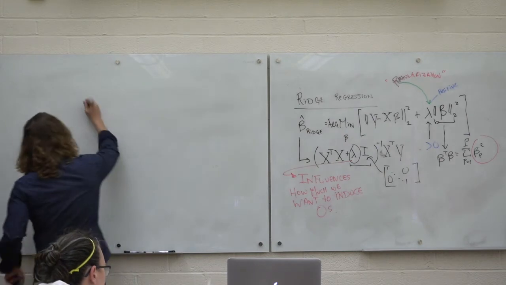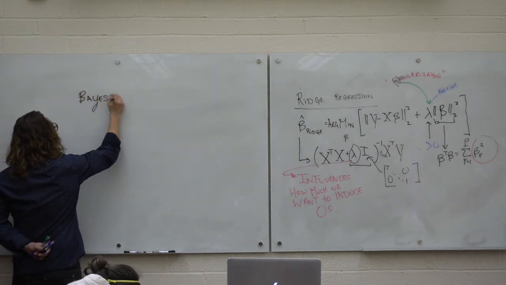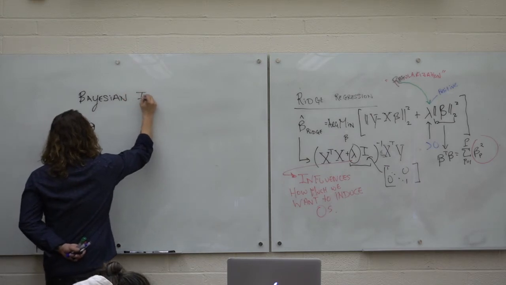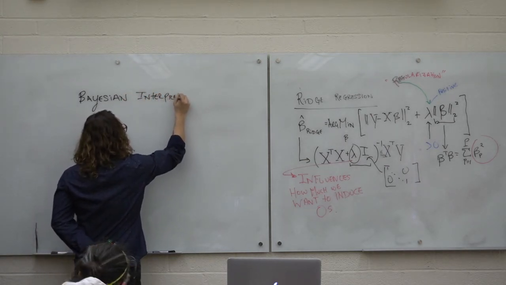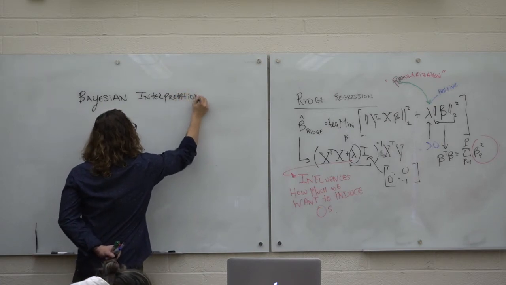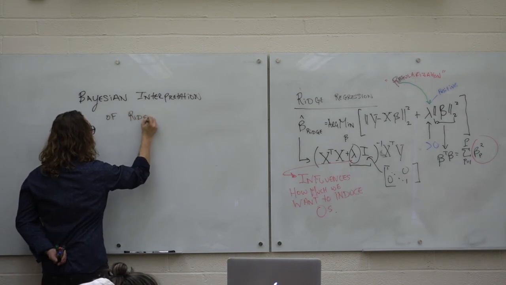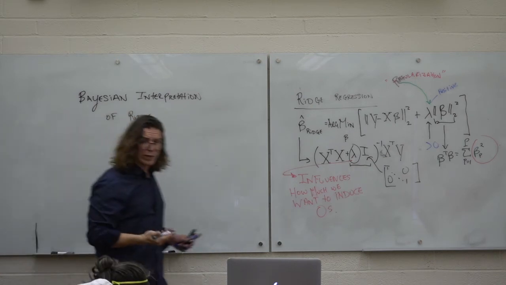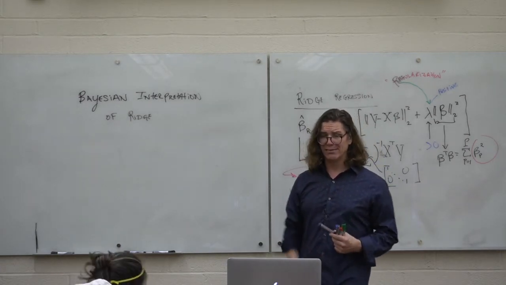So here's the Bayesian interpretation. And maybe some people call this Bayesian ridge. I think Bayesians just call it ridge though.